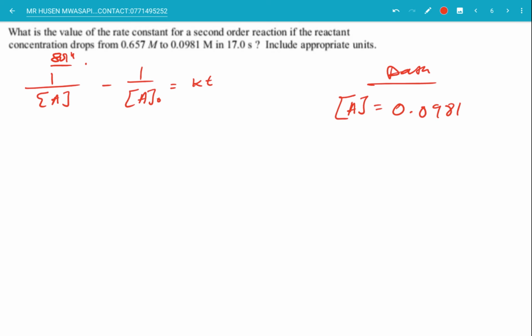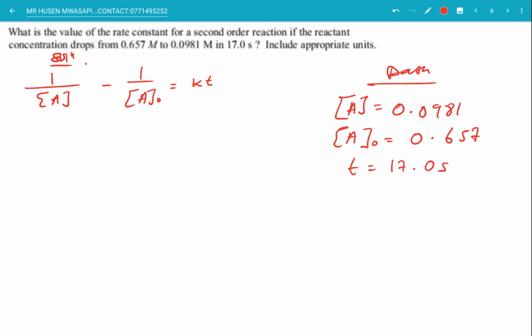Then you need to also find the initial concentration. So it dropped from 0.657, so that was the initial concentration, 0.657. Then you also have to know the time. So the time is what? 17 seconds.